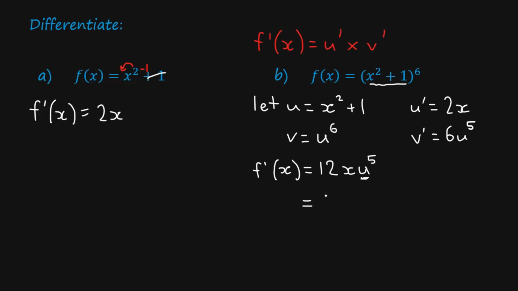So what we should do is change that. I know that u is equal to x squared plus 1, so I can just replace u with x squared plus 1, and then it's to the power of 5. And that's it, that's our answer.